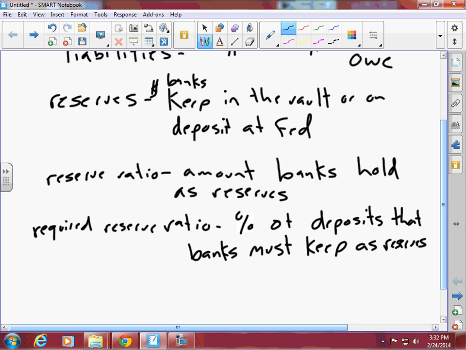Okay, so the percentage of deposits that banks must keep. And who determines this? This is determined by the Fed or central banks.